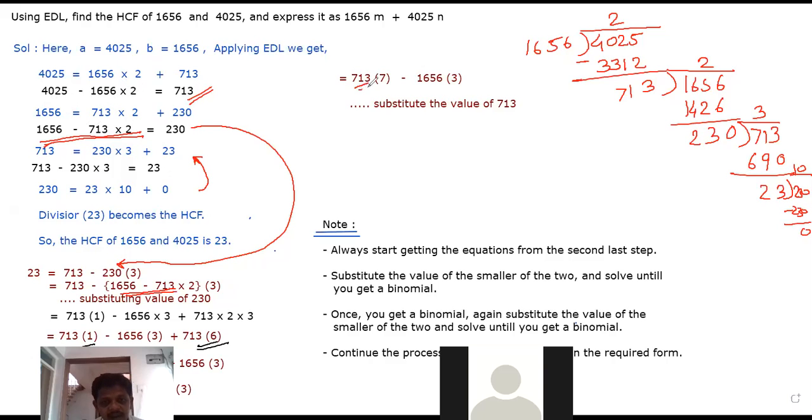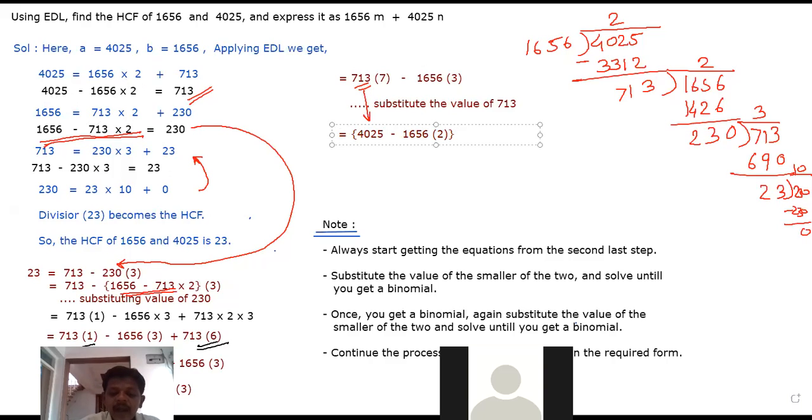So this 713 will now be substituted. How? In place of 713, I am putting 4025 minus 1656 into 2.